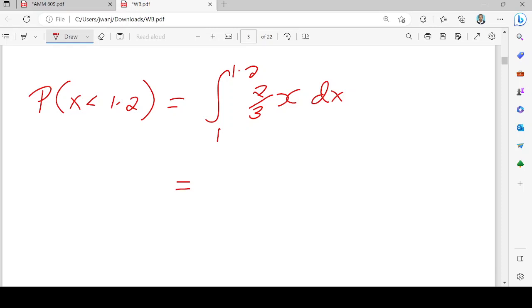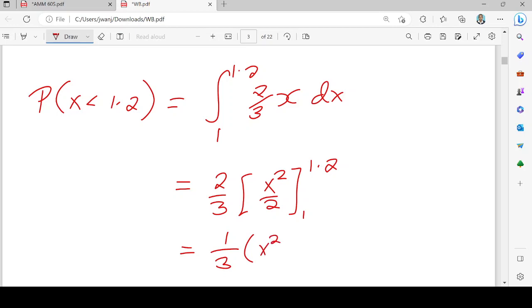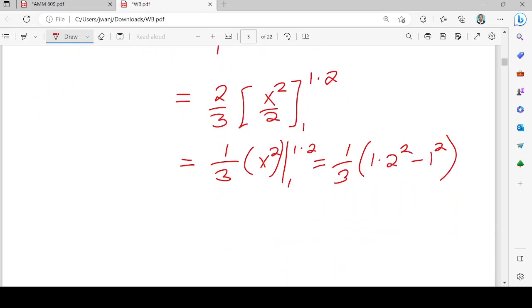And this will give us 2 over 3, then we have x squared over 2 from 1 to 1.2. And this is a half of that x squared from 1 to 1.2, which equals 1 over 3 times 1.2 squared minus 1 squared. You can work this out. This is 1 over 3 times 1.44 minus 1.